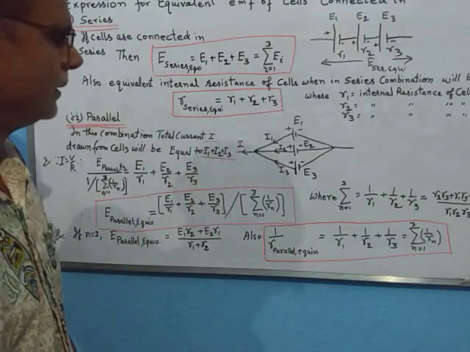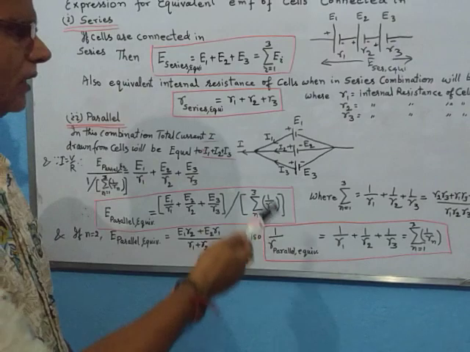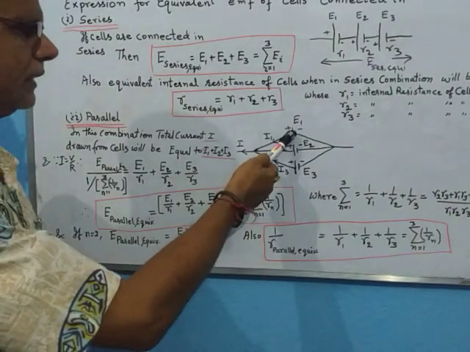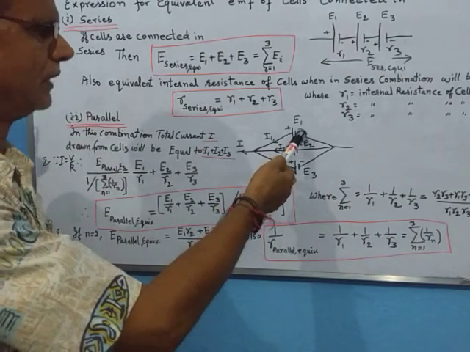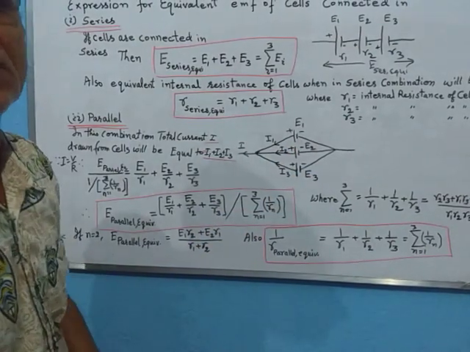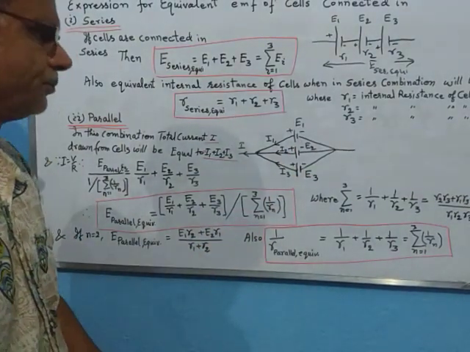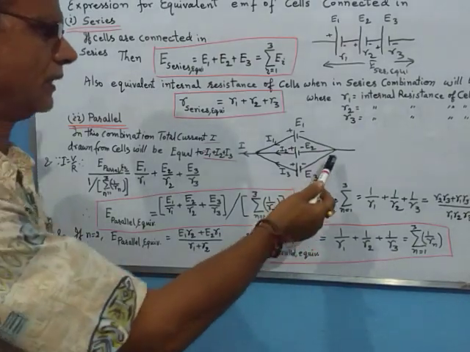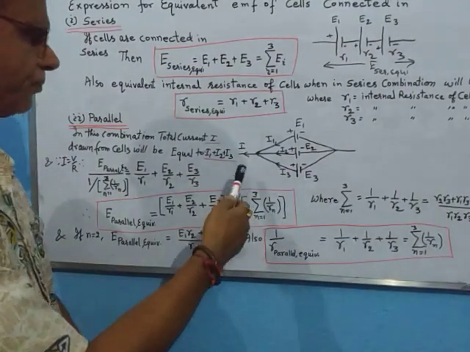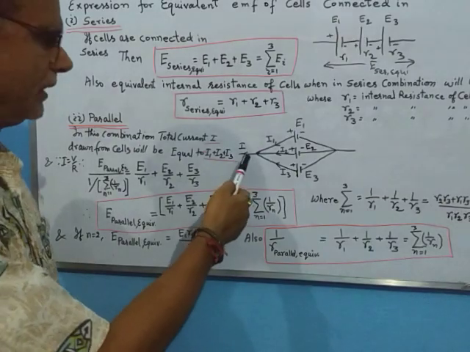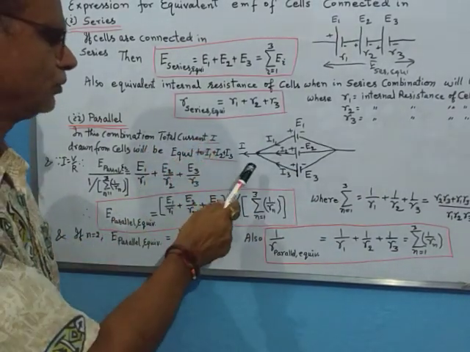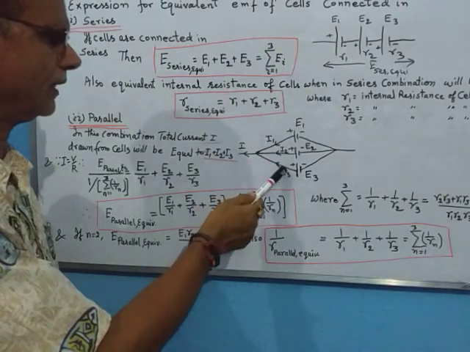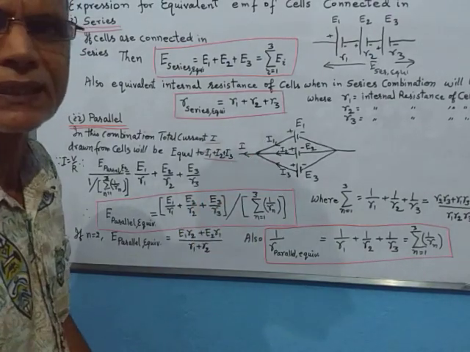Now in the parallel combination, what we have done is connect all the positive terminals to one end of every cell and all the negative terminals to the other end. If we say we are drawing current I from this combination, then it must be equal to the sum of individual currents drawn from the individual cells.